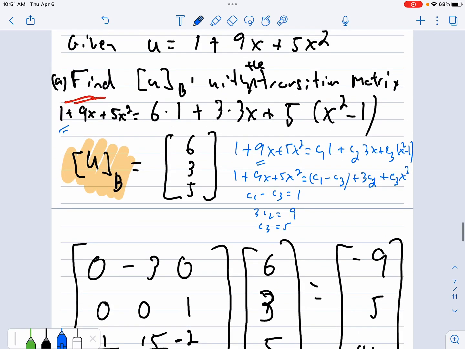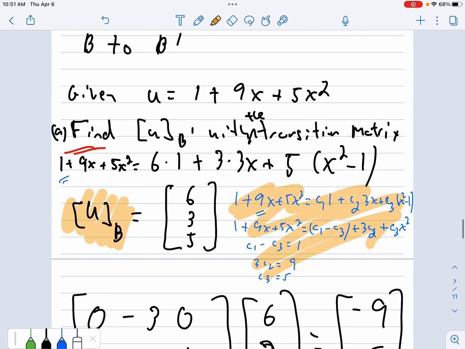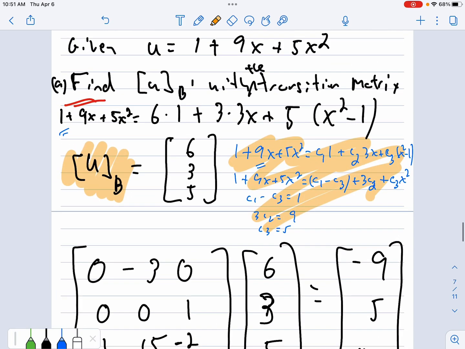So basically you would do the same thing that I did up here, but instead of 1, 3x, and x squared minus 1, I would have 5 minus x, 1 plus x squared, and what's my last vector here? 7, excuse me, for what you have at these places right here. So you could do it directly. There's a couple ways of doing that, so just be aware.